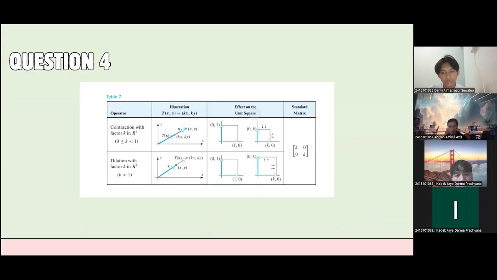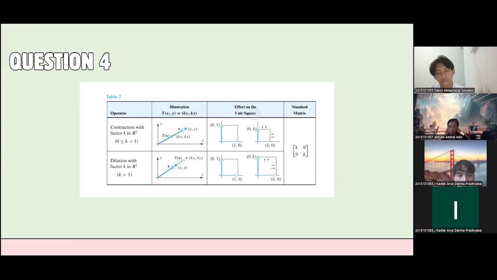Perbedaannya terlihat jelas pada contoh nomor 1, ketika nilai k antara 0 dan 1, maka ukuran perseginya tidak sebesar yang nomor 2. Ketika k lebih dari 1, maka perseginya lebih besar. The standard matrix form is like this: k 0, 0 k.